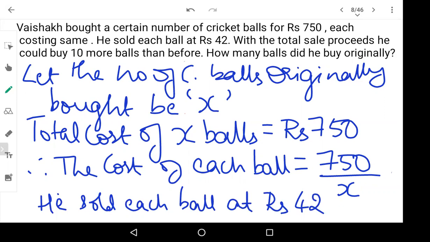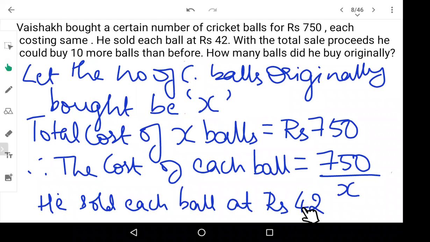Now what does it mean? It means that he is able to make some amount. What is that amount? Each ball, that is 42 rupees.